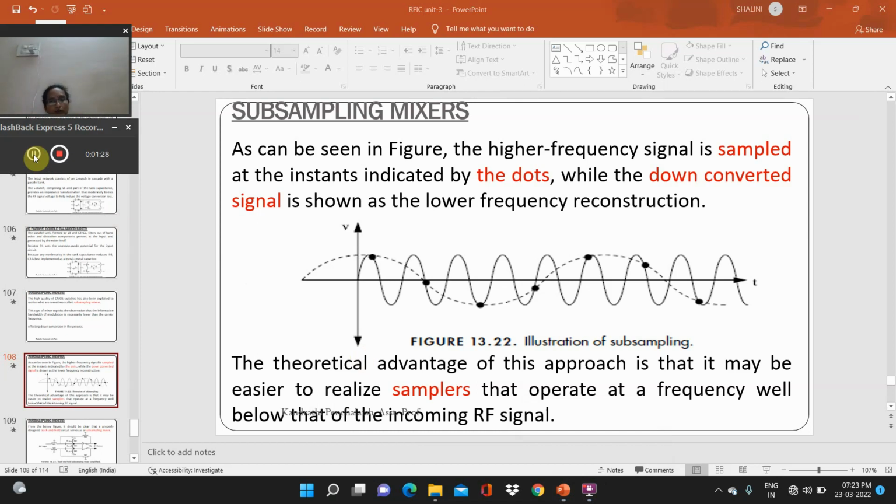So, this is an illustration of subsampling. The theoretical advantage of this approach is that it may be easier to realize samplers that operate at a frequency well below that of the incoming RF signal.